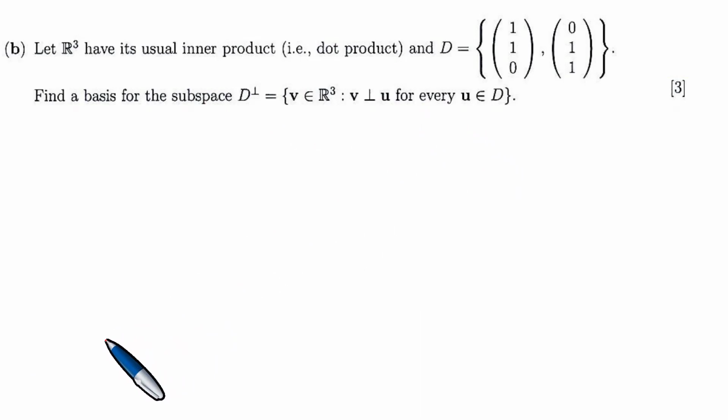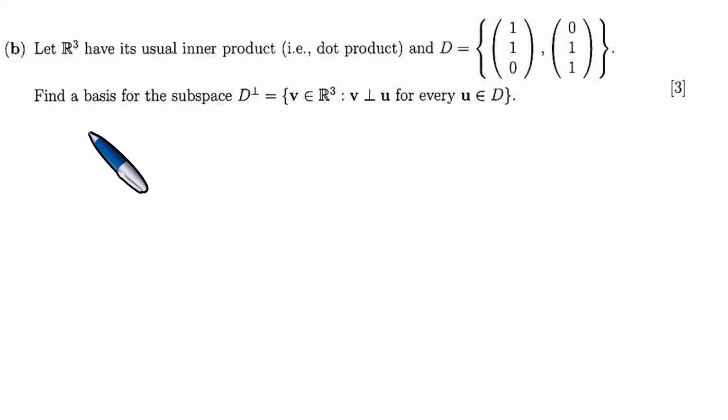All right, so we continue. So in the end, we have the following. Now, at this point, we need to find a basis for the subspace D-perp.